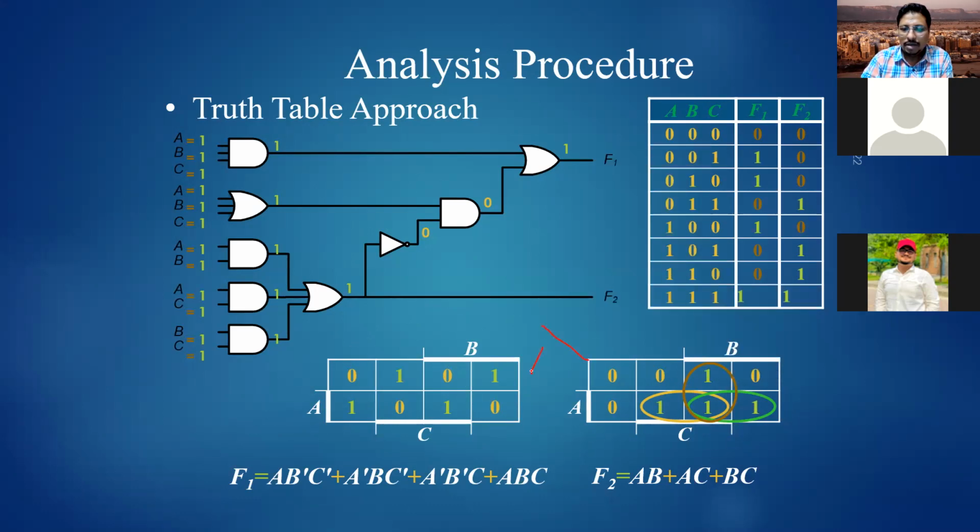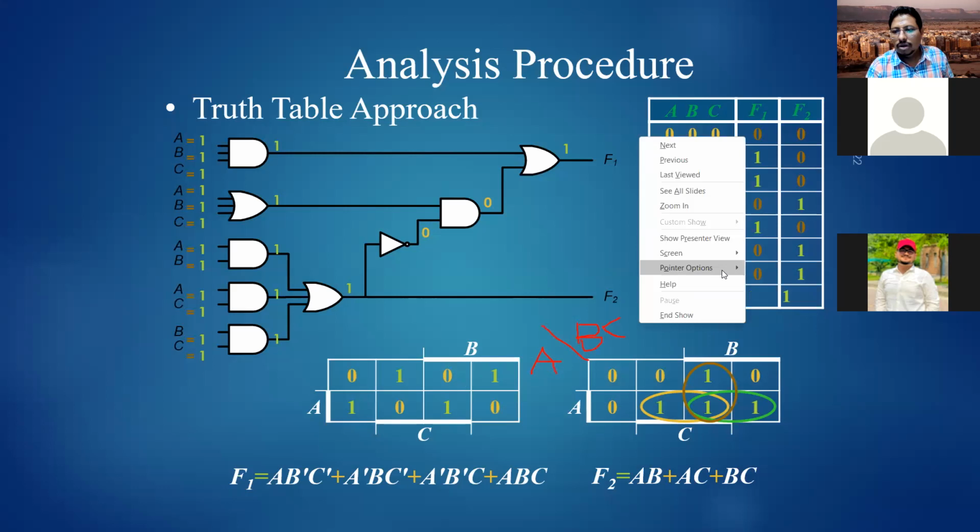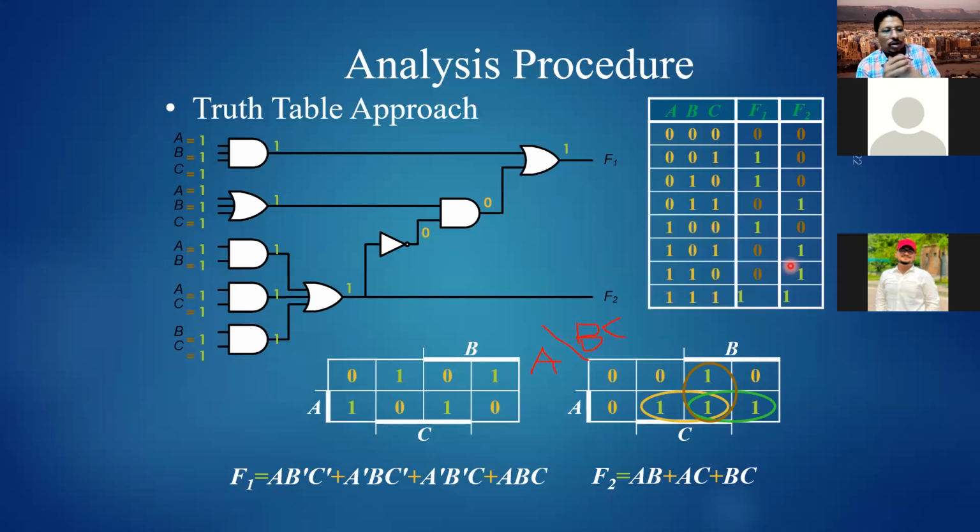For example, here A, and here B and C. Please just mute your mic. Okay, so A is either 0 or 1. If it is 0, here it is A prime in this place, and it's fixed by A prime. Here A is 1 and fixed by A.